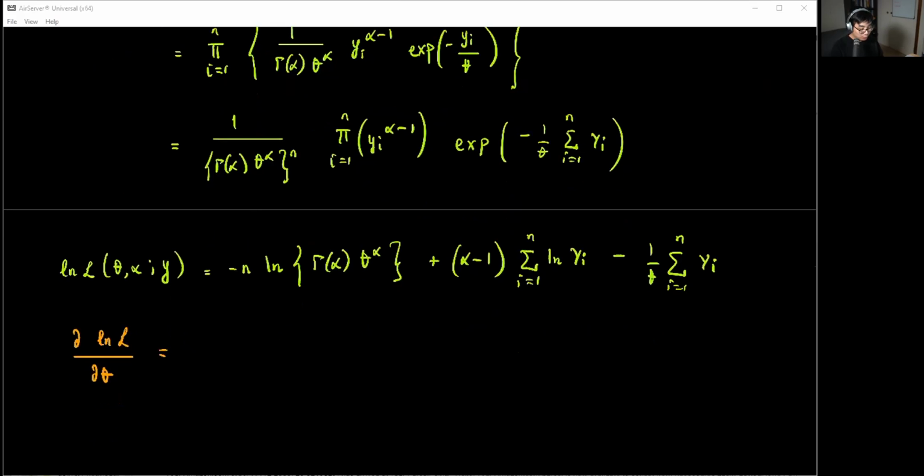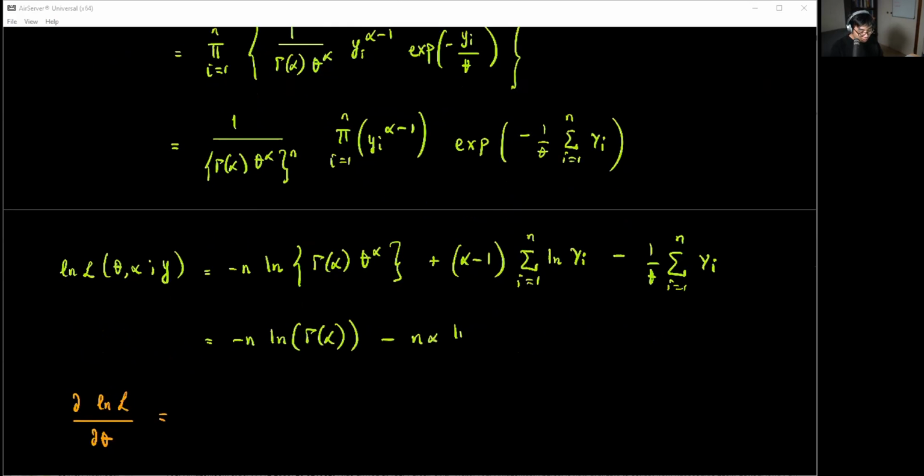I think I need to do one more simplification step here because I was lying. This is not a constant with respect to theta because it's not linear. So we have minus n times the log of gamma of alpha. Okay, then we have minus n alpha, the log of theta. Okay, then plus all this stuff here.